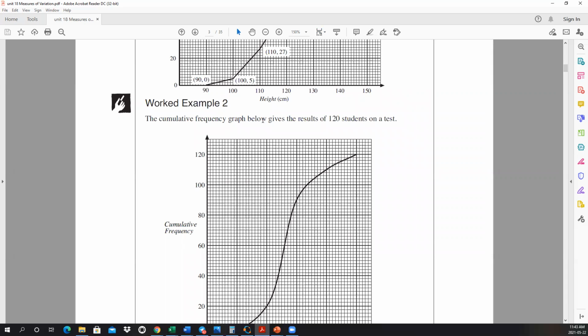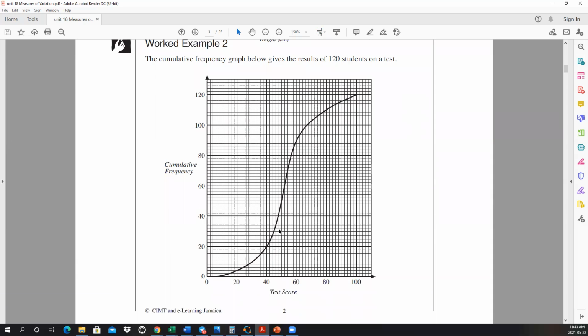Example 2: the cumulative frequency graph below gives the results of 120 students on a test. Look at this, like a nice S. So you can say that these are the test scores on the x-axis and the number of students that get a particular score cumulatively on the y-axis.